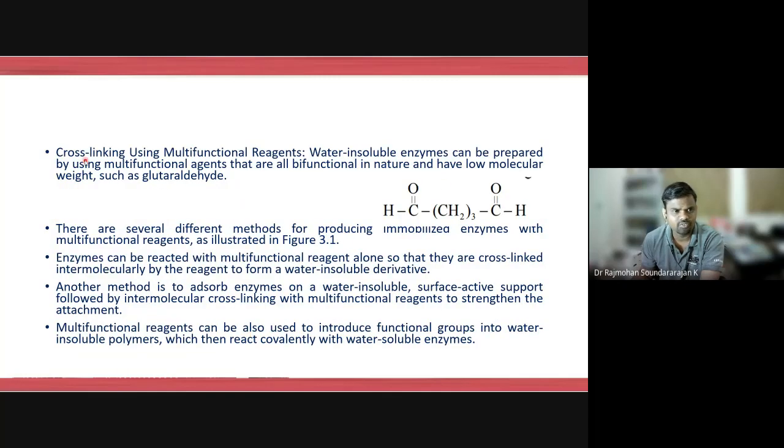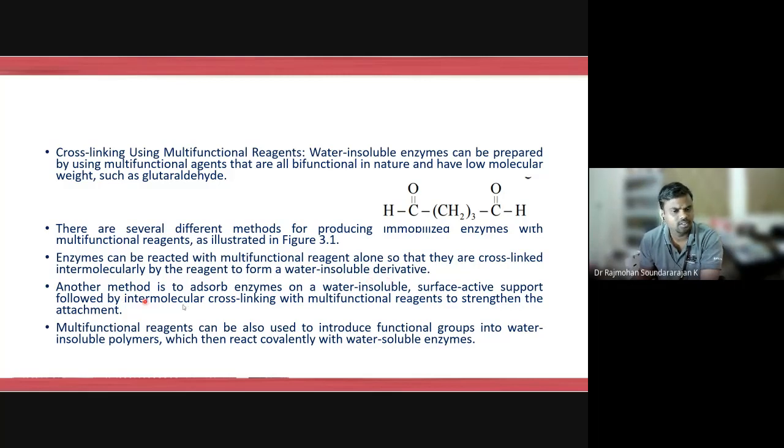Okay. So if you look at it, cross-linking or multifunctional reagents can be used. Water insoluble enzymes can be prepared by using such reagents, which are all bifunctional in nature and have very low molecular weight. One of the widely used materials is glutaraldehyde. Okay, so there are different methods for producing the immobilized enzyme with this kind of reagent. The enzyme can be reacted with the multifunctional reagent alone, so that they are cross-linked intermolecularly by the reagent to form a water insoluble derivative.